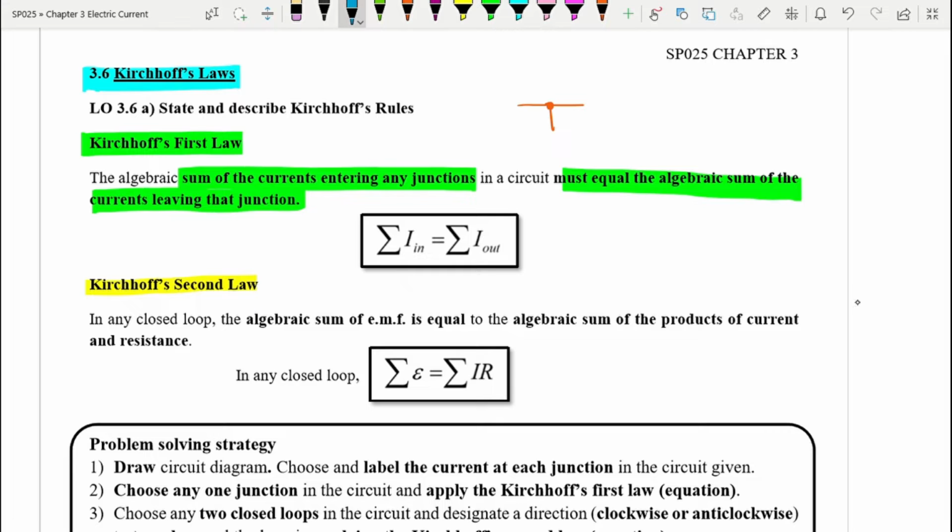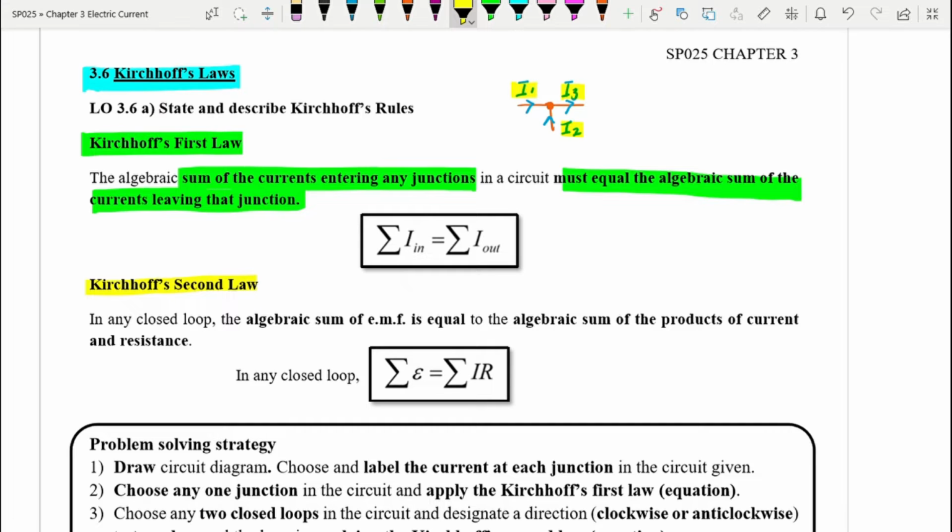Choose any direction of current, maybe the current here entering that junction, you can label as I1, and there is another current here, maybe you can label as I2. I1 and I2 are both entering the junction, and then there will be another current I3 going out from the junction. So the total current going into the junction, which is I1 plus I2, should equal I3. That is actually the first law.